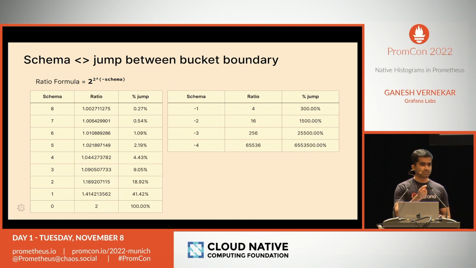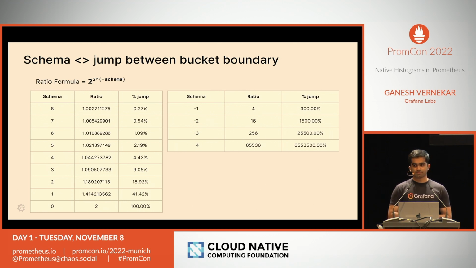Let's start with the schema because that's where everything starts. With the schema, we get something called a ratio, whose formula is 2 to the power of 2 to the power of minus schema. We'll see why this power of 2 is required later. This ratio defines the ratio between a bucket boundary and the bucket boundary of the previous bucket.